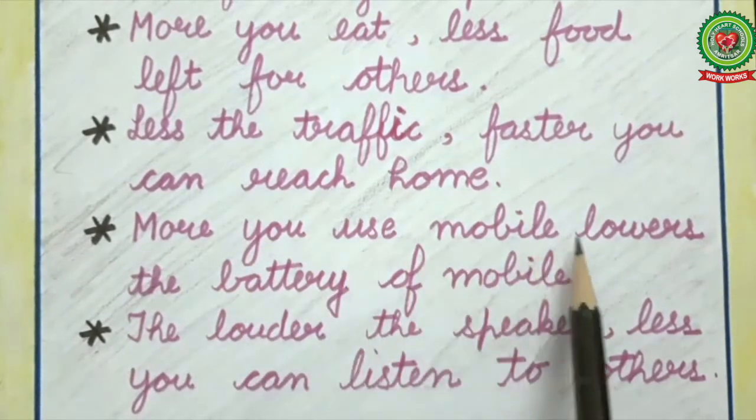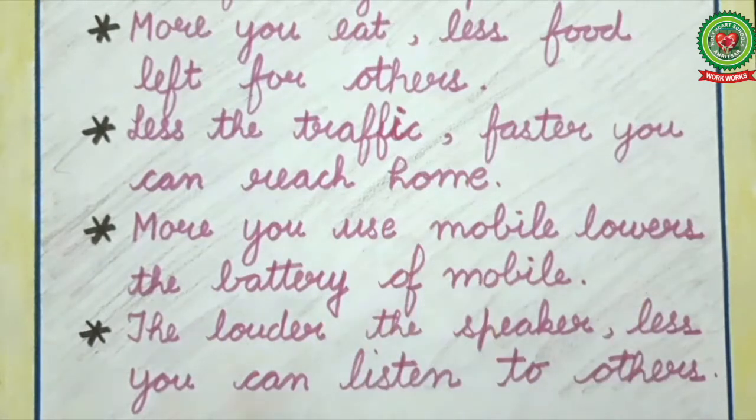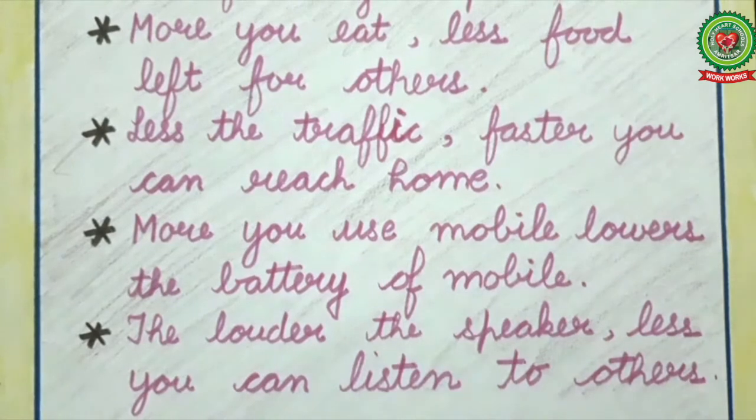More you use mobile, lowers the battery of your mobile. The louder the speaker, less you can listen to others. These are some situations of indirect variation. Similarly, you can think about many such examples of indirect variation from your surroundings.